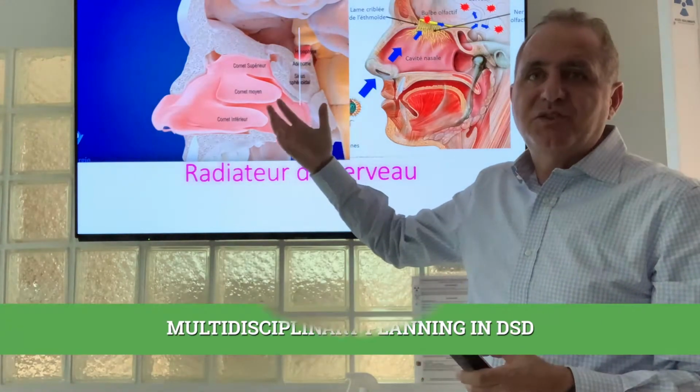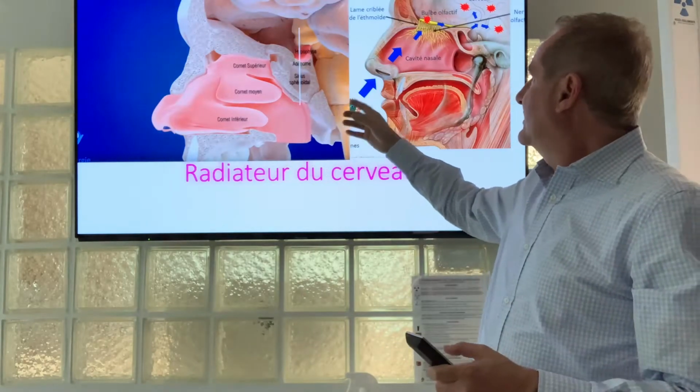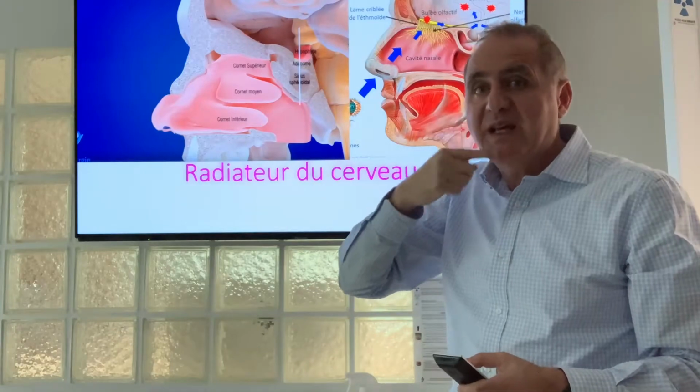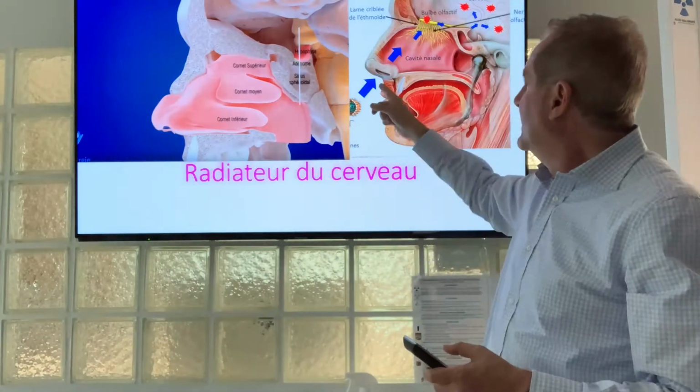It is a little bit of the literature about anatomy: once we breathe from the nose, it's very important to breathe from the nose and to let the air out from the mouth.